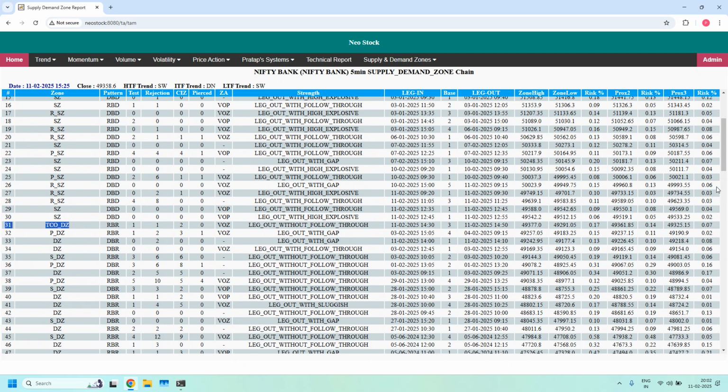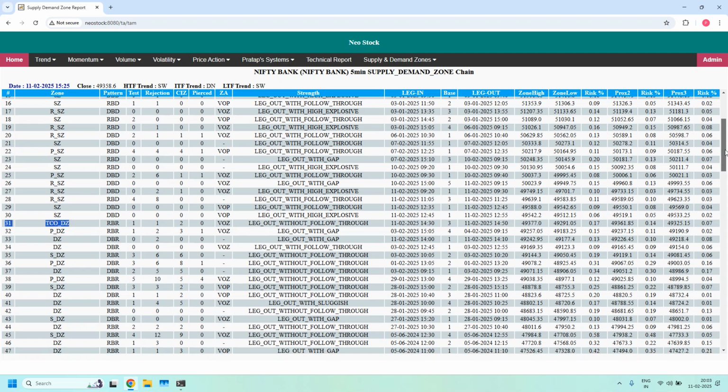So 31 is the nearest 5 minutes demand zone for the closing price. So this is about Bank Nifty supply demand zone chain. With this we have completed both Nifty and Bank Nifty supply demand zone chain.